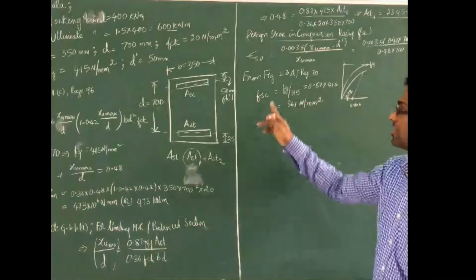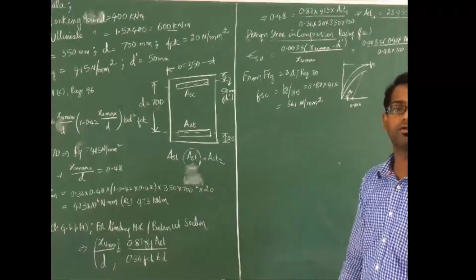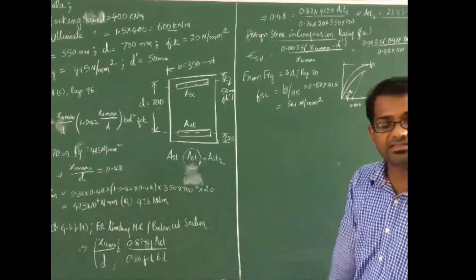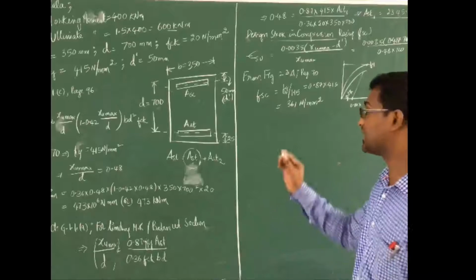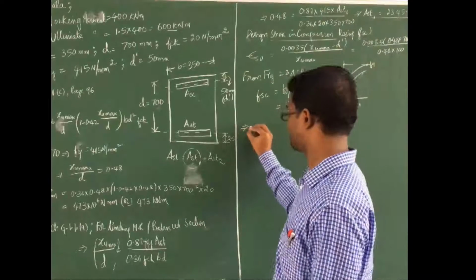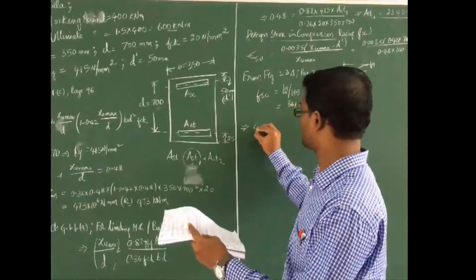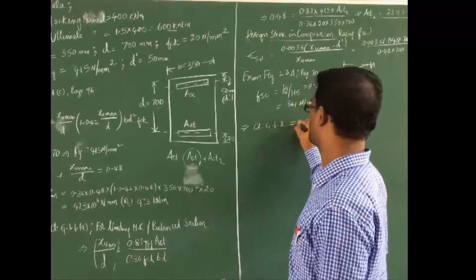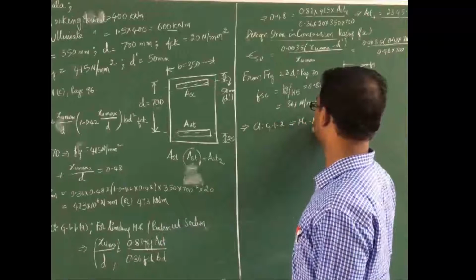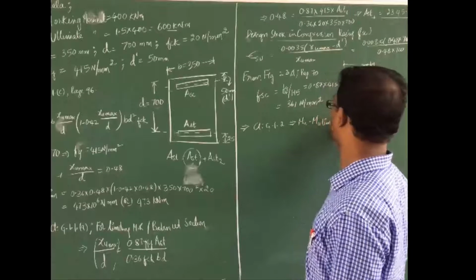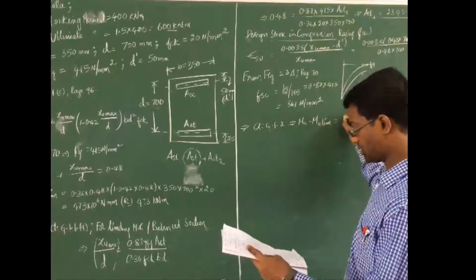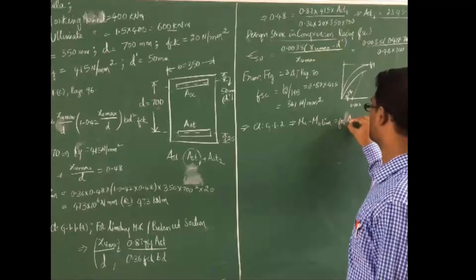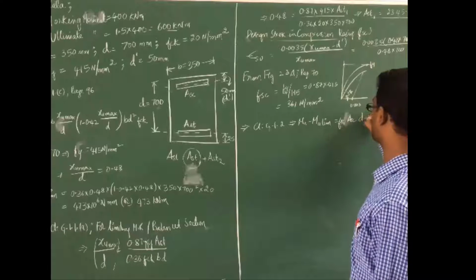Now that you have got FSC, you need to calculate the ASC. ASC, in the same page number 96, from clause G 1.2, is given by Mu minus Mu lim equals FSC times ASC times D minus D dash.